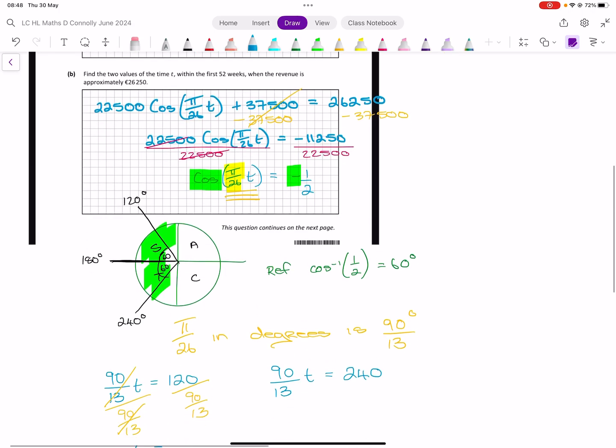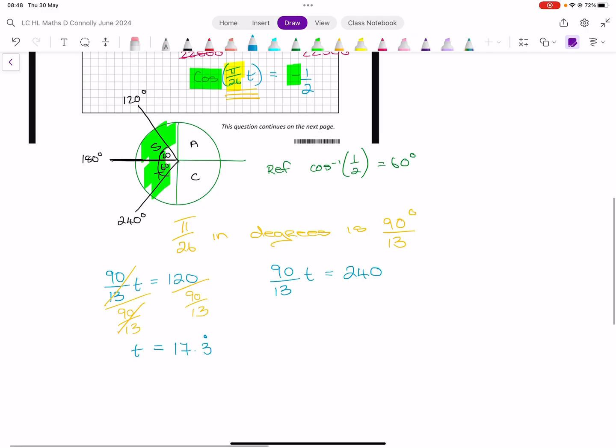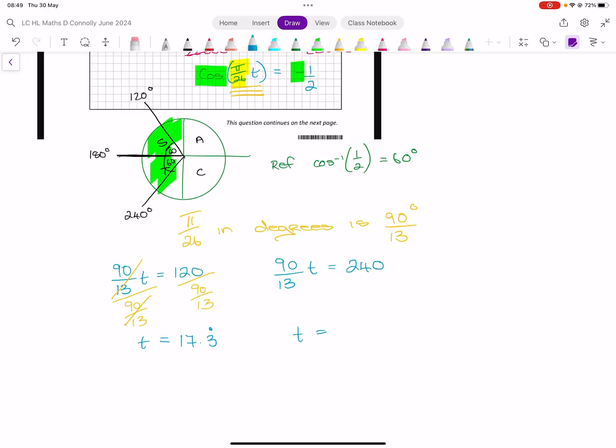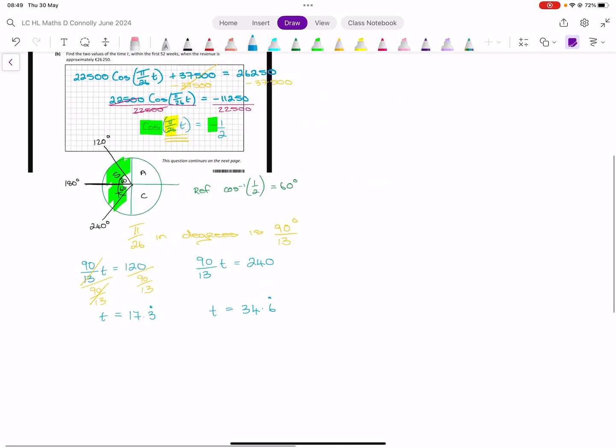So this is 17.3 recurring. And the same thing on this side: 240 divided by 90 over 13, that in a bracket, and I'm getting 34.6 recurring. So this is 17 1/3 weeks. I don't know if we have to round. I'll deal with that in a minute.